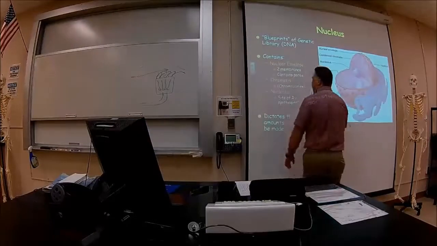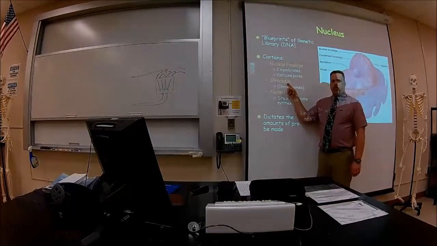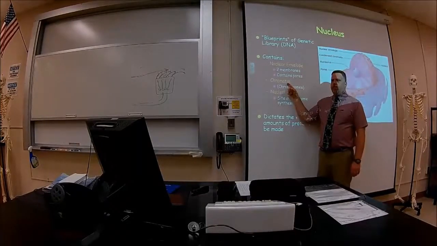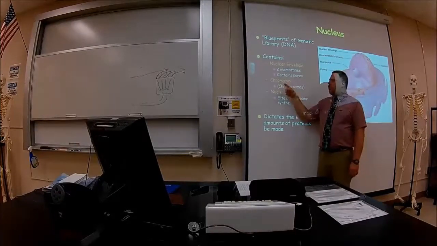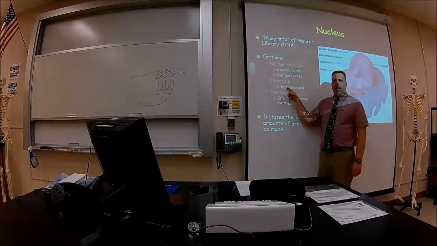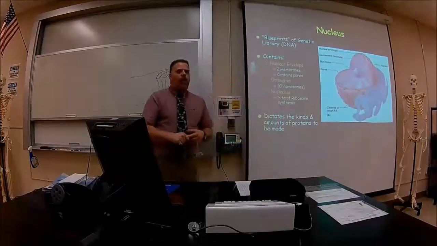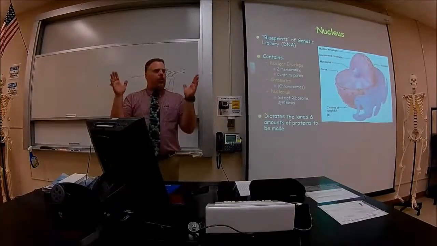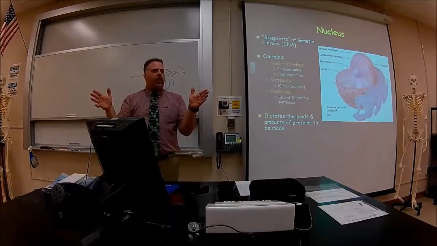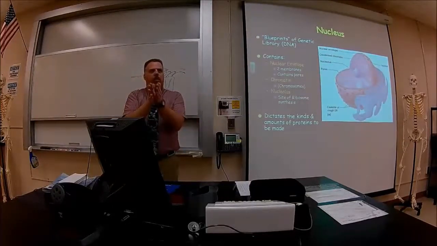We also have, well, the DNA is chromatin. I'll explain. Chromatin and chromosomes, they're the same thing. Best way I can explain this, I might as well just do it now. Let's say we have 46 volumes of a reference encyclopedia set in the library, and they're all bound together.